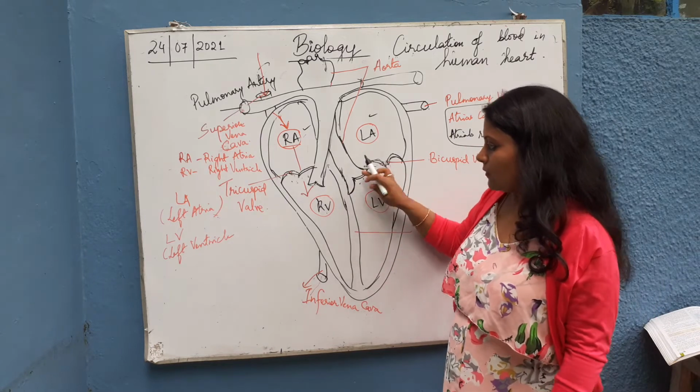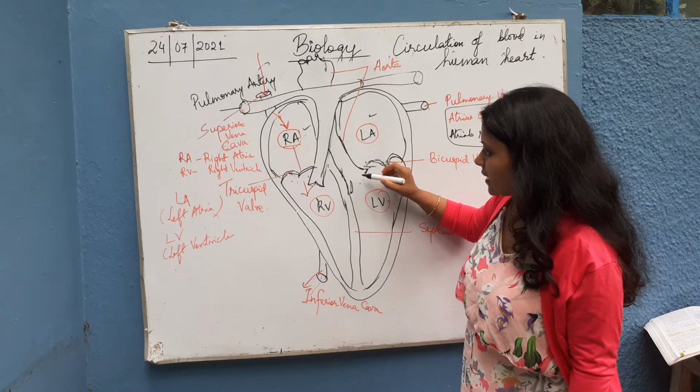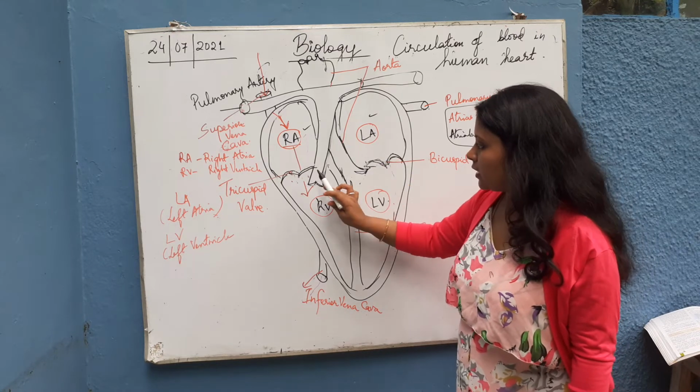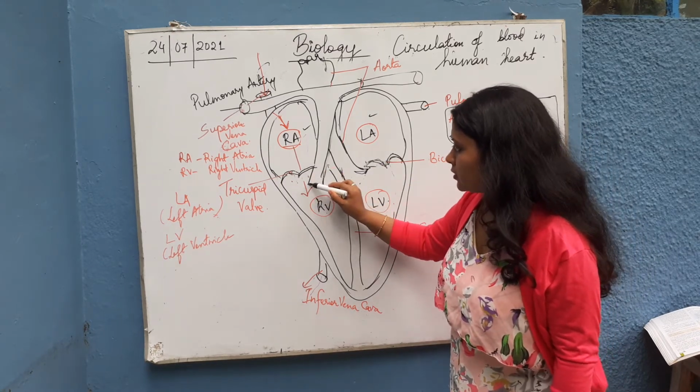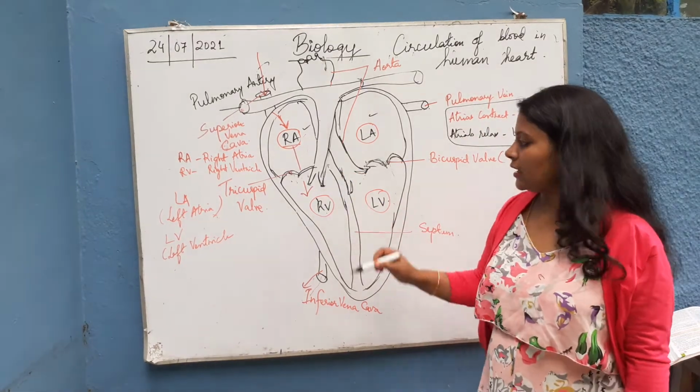Automatically the semilunar valves will open up, because these valves are facing the opening of the pulmonary artery and the aorta.